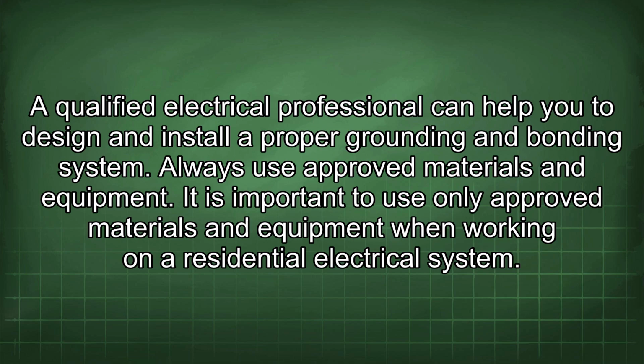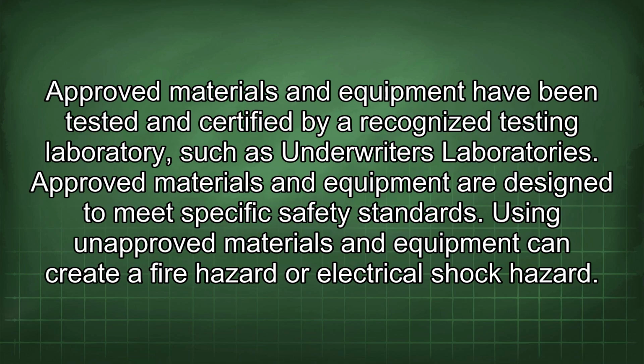Always use approved materials and equipment. It is important to use only approved materials and equipment when working on a residential electrical system. Approved materials and equipment have been tested and certified by a recognized testing laboratory, such as Underwriters Laboratories. Approved materials and equipment are designed to meet specific safety standards.